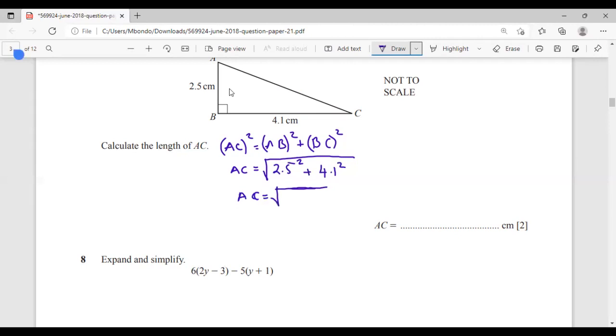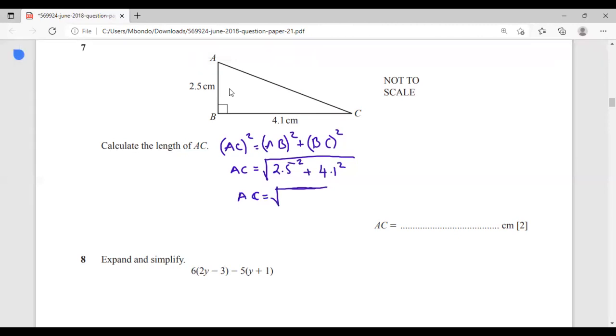Then we're going to say 2.5 squared plus, let's work that one out, 4.1 squared, we're going to get what? 23.06.